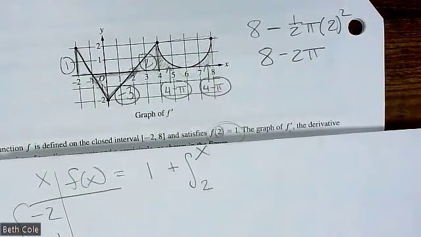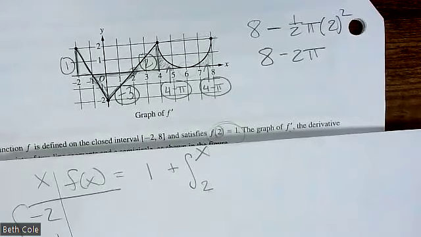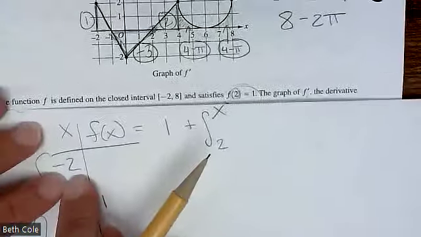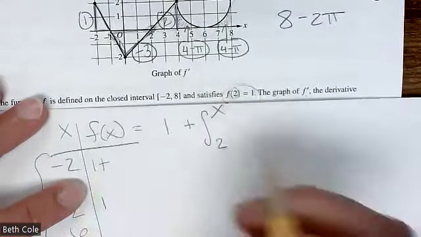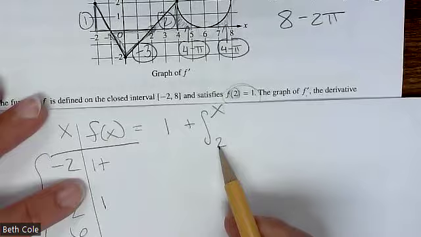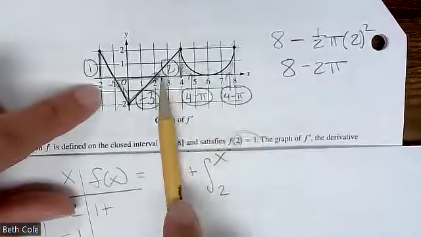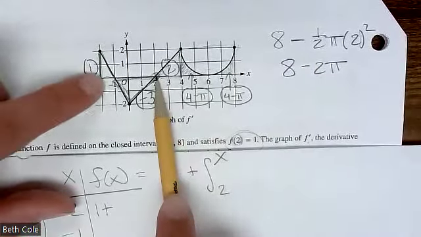The reason I think that was difficult, in addition to just being difficult, is that it's also time consuming. It takes time to go back and do that. All right, but let's trudge forward. If you're going to do -2, it's going to be 1 plus your integral from 2 to -2. So look at where I'm pointing. You want to accumulate from here to here.